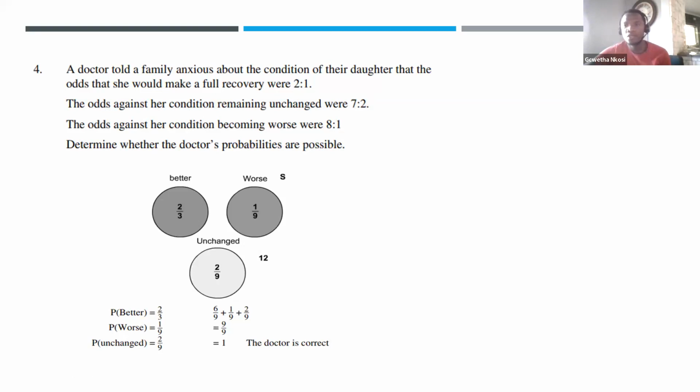So it should be 2/9. The 9 represents the total, therefore it should remain your denominator. We cannot say over 7. So we just add these. That's the simplest conversion that I can do. Also this one, 8 plus 1, that's 9, so you should have 1/9. Why 9? You take the 1 that is worse, and what is left after removing it from the 9 is 8. That is why the ratio is written like that.